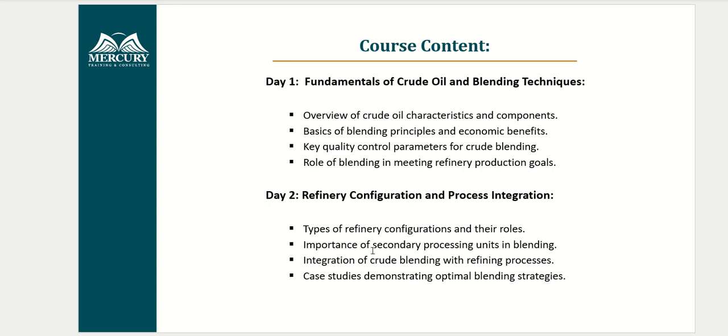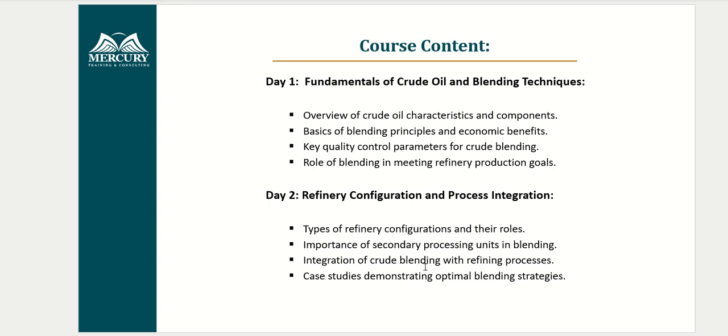More advanced units of the refinery were covered as well. Then the importance of secondary process units in blending. Mostly the secondary process units are FCC, platforming, and alkylation units, which boost the gasoline octane number.